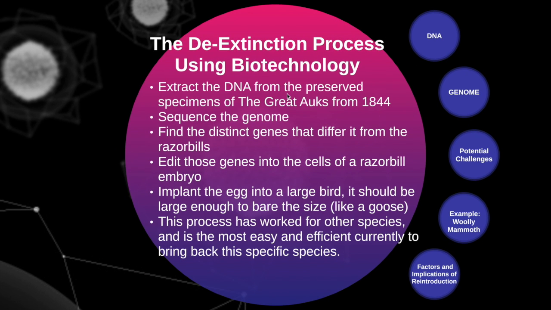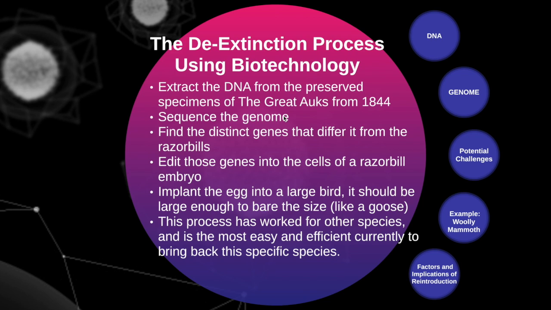So after we sequence the genome, we would find the distinct genes that differ the great auk from the razorbills. So we saw in my comparison chart before that the great auks were flightless, whereas the razorbills were agile flyers.